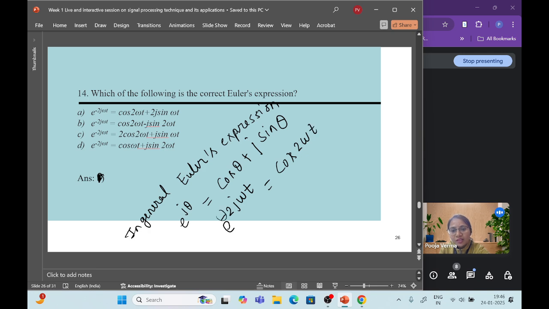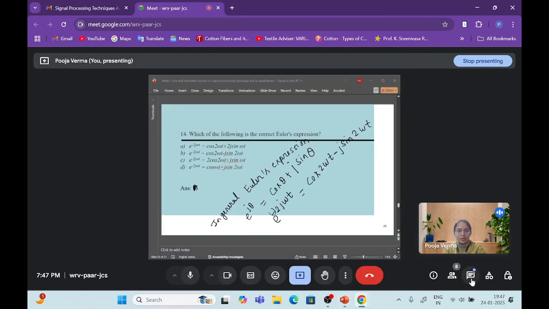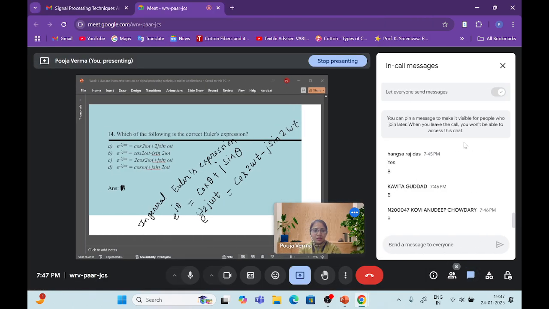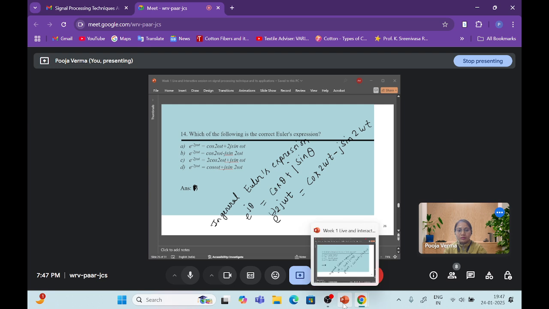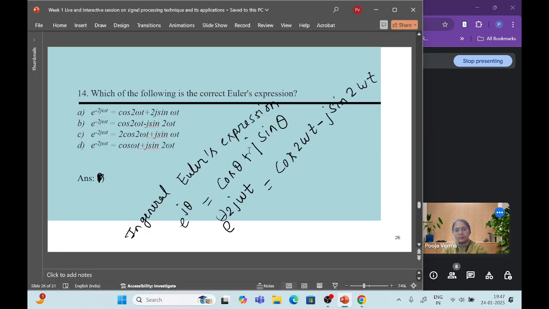Here minus expression is there, so this minus will come here also. So minus j sine 2 omega t. Okay, so option B is the correct expression, the correct Euler's expression.